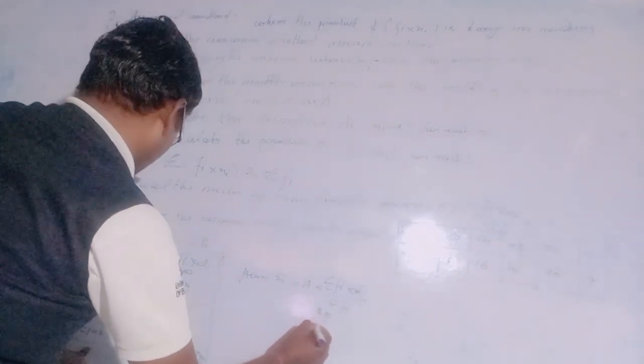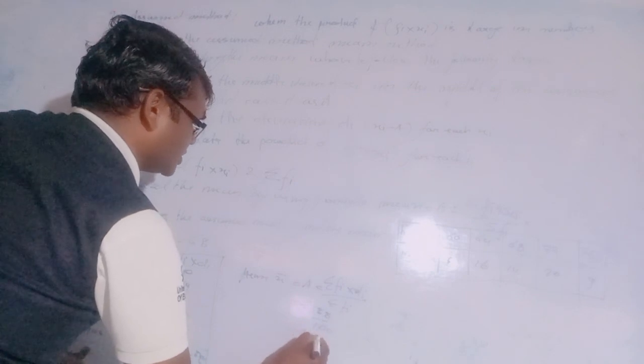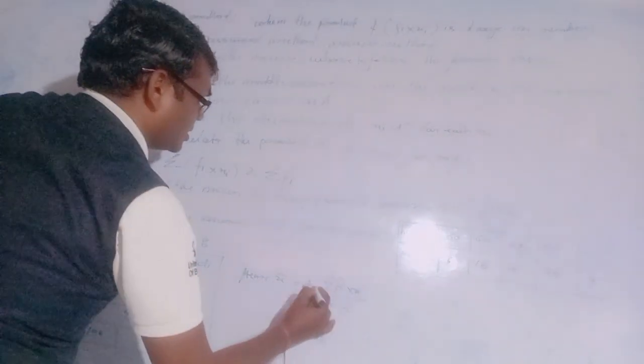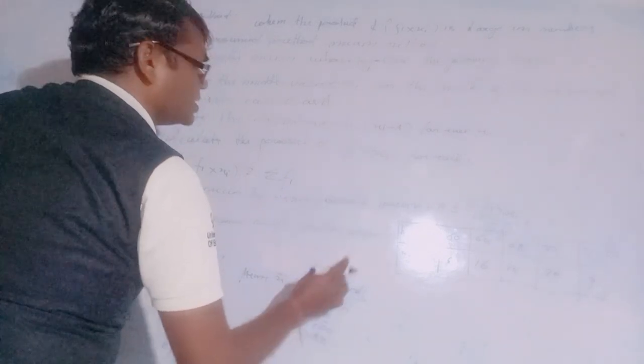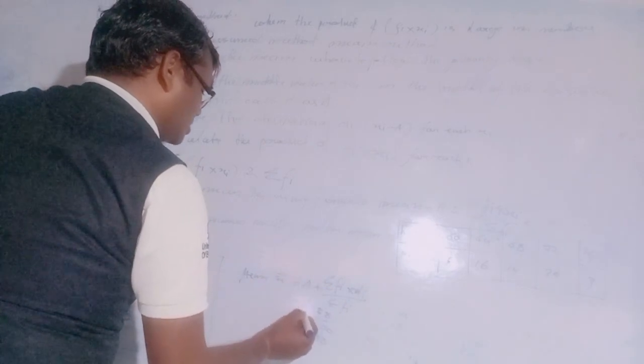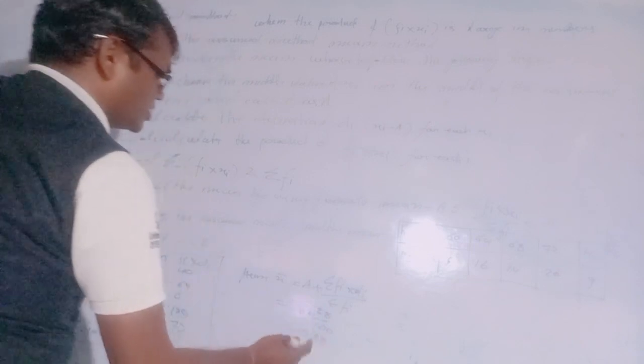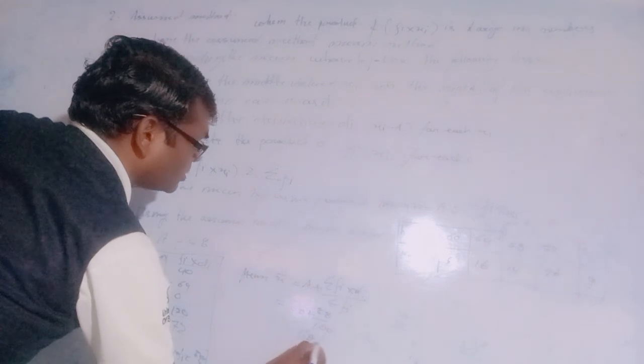Here it is 88 by 100, so we will find 0.88. Plus A, and the value of A is 68. So 68 plus 0.88 gives 68.88, this is the mean answer.